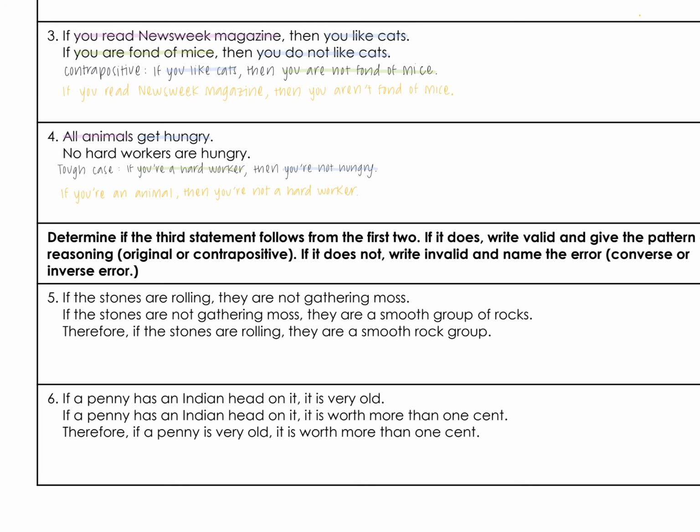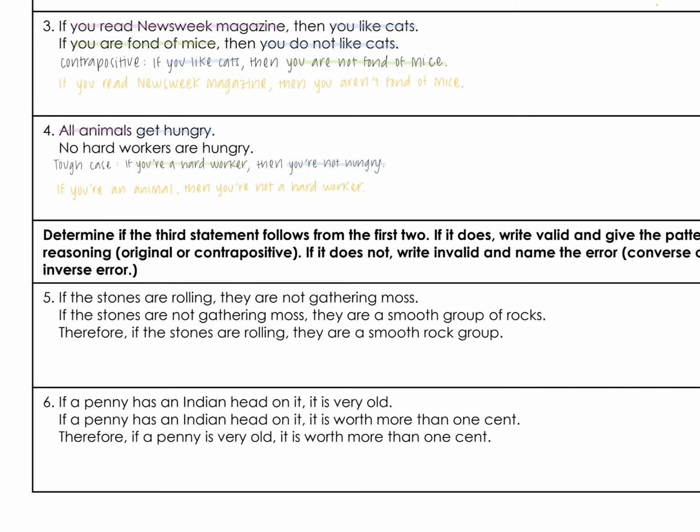Remember, we're allowed to write the original and the contrapositive, because they are logically equivalent statements. But if we have to use the converse or the inverse to make that third sentence follow, we're going to write that it is invalid and state which of the two errors we were using. Okay, so let's look at number 5.